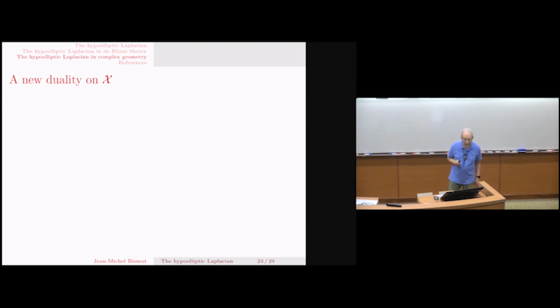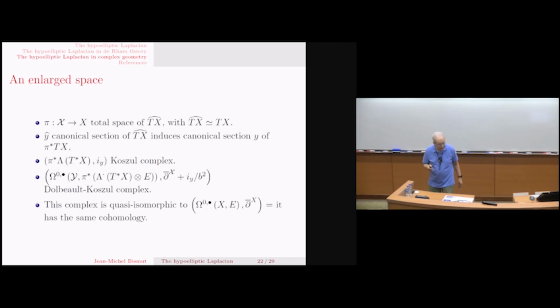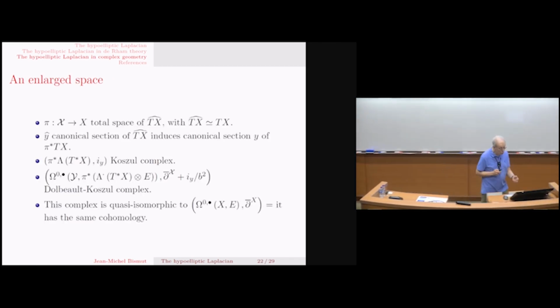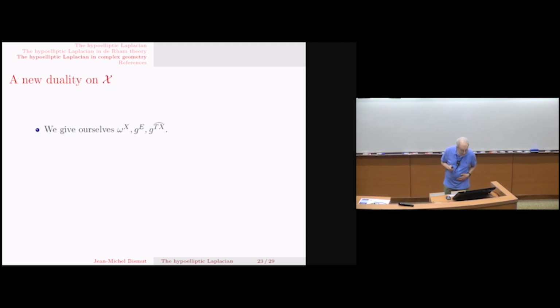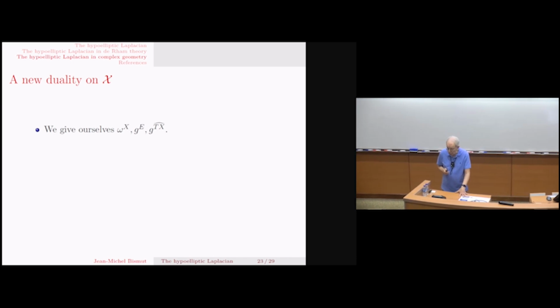So let me explain the construction of a new duality on this new Dolbeault complex. This duality will be constructed as follows. We give ourselves omega x, which is a 1-1 form, which for the moment does not need to be positive. It could be even 0.